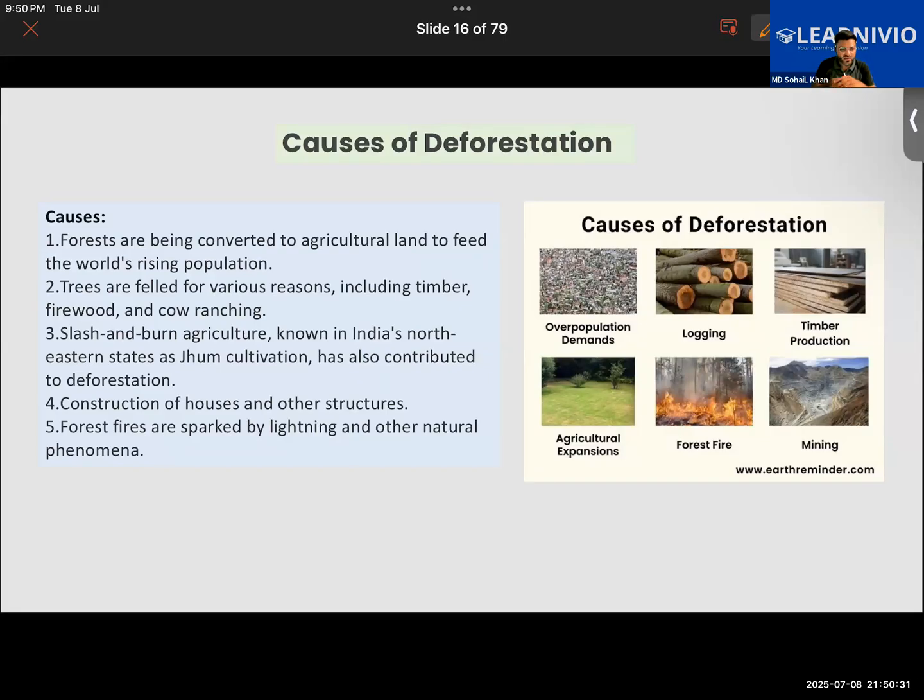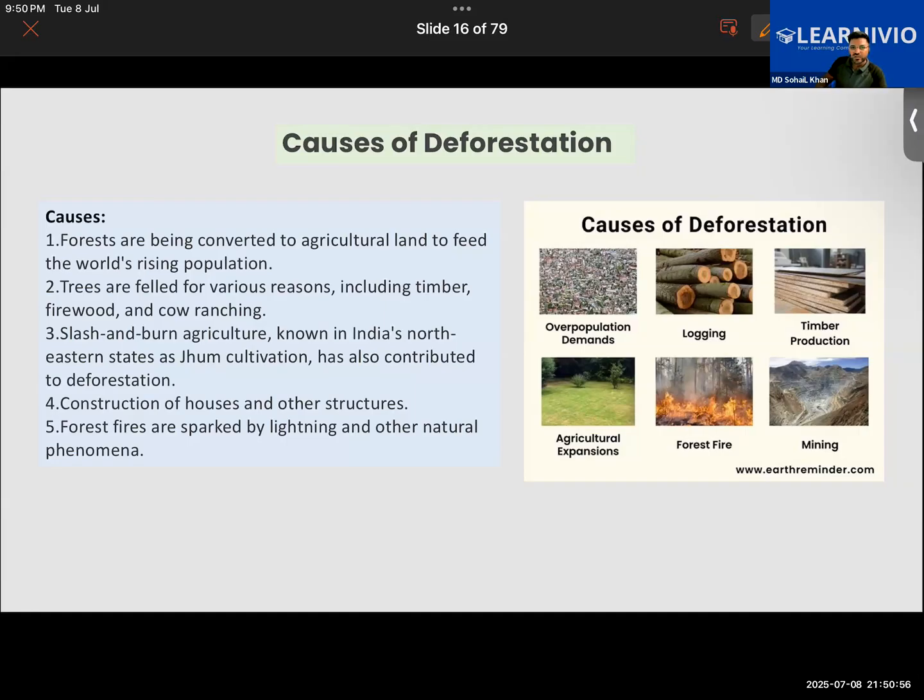Then they do farming on that area. That is called slash and burn agriculture, meaning they cut down the trees and burn whatever is left over. It is practiced in the northeastern states of India, where it is locally called jhum cultivation. So it has also contributed to deforestation. Getting it, everyone?